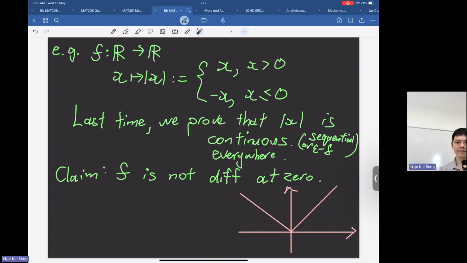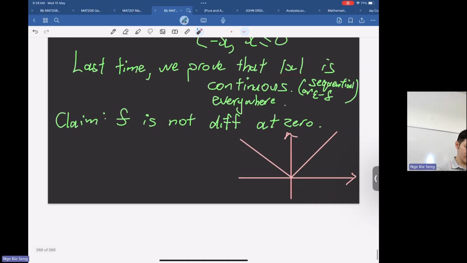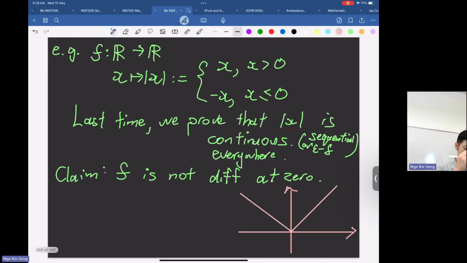So how do we write this down? We split, let's say we converge to zero in two ways. So we want to study the function of sequences.